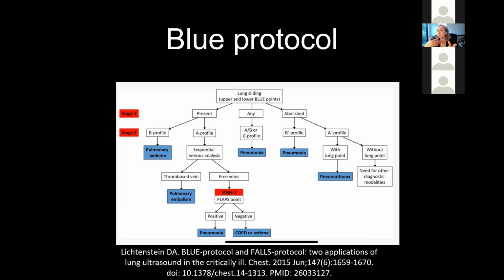If we're still not getting any particular pattern or pathology, we can then go on to look at the deep veins and see if there's any evidence of a DVT. And if it still doesn't suggest any evidence of a DVT, then we can move on to the PLAPS point and look for pneumonias. And if there's nothing anywhere, then we're considering an inflated lung like COPD or asthma.